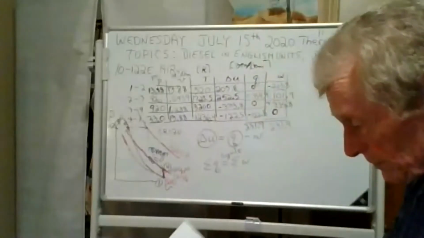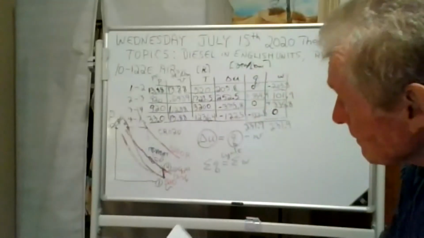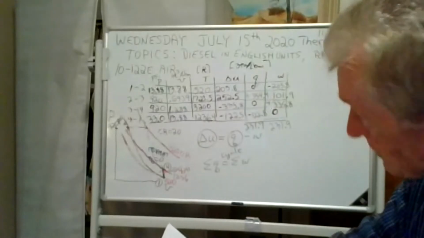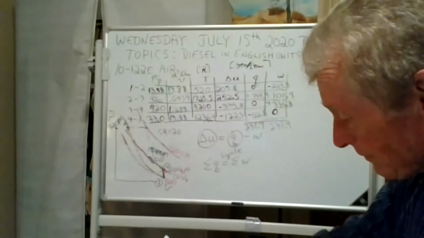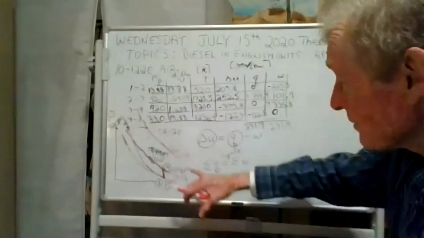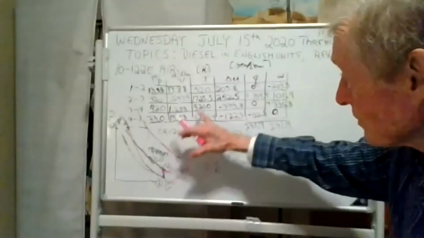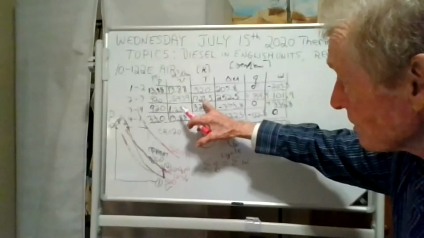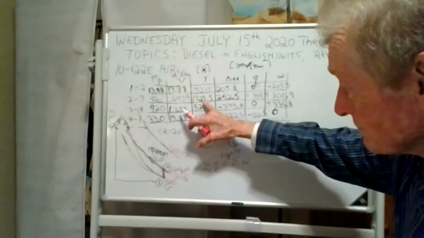We're going to get it right, though. 520. Yeah, all these numbers are correct. I'm just having trouble drawing these isotherms. Now, the hottest isotherm is the 3200. You guys can see that. The next hottest goes through state 2.